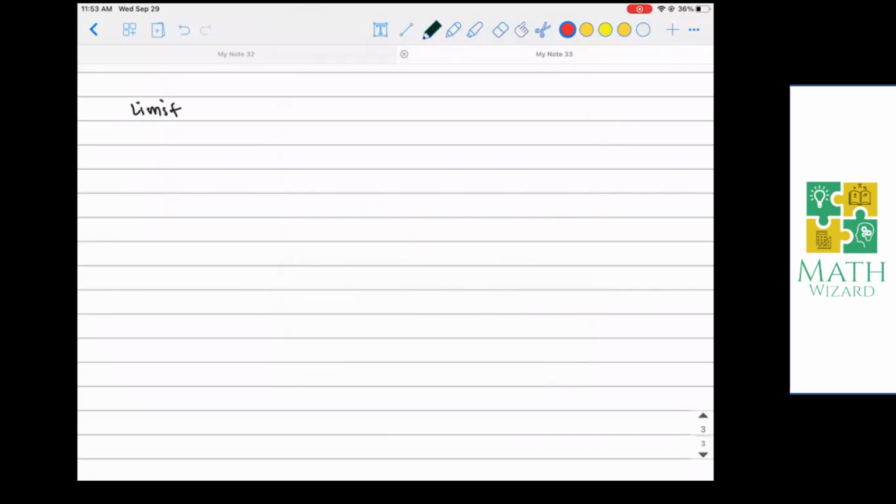Let's say the limit of a polynomial function.